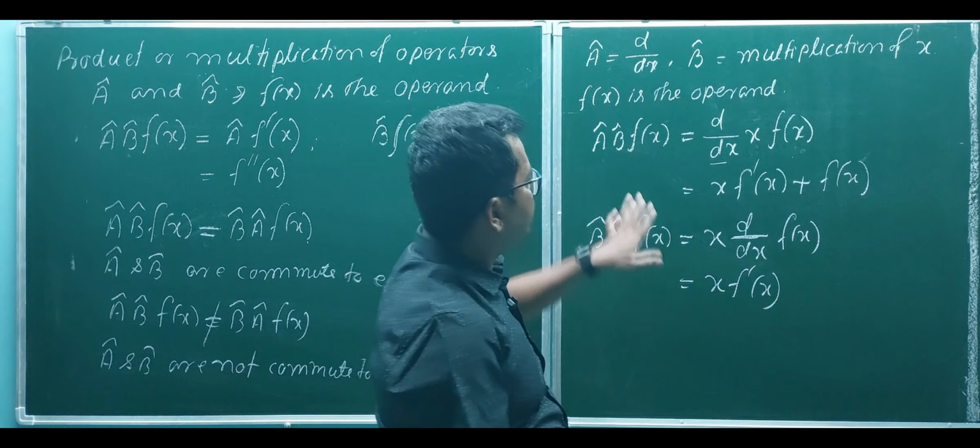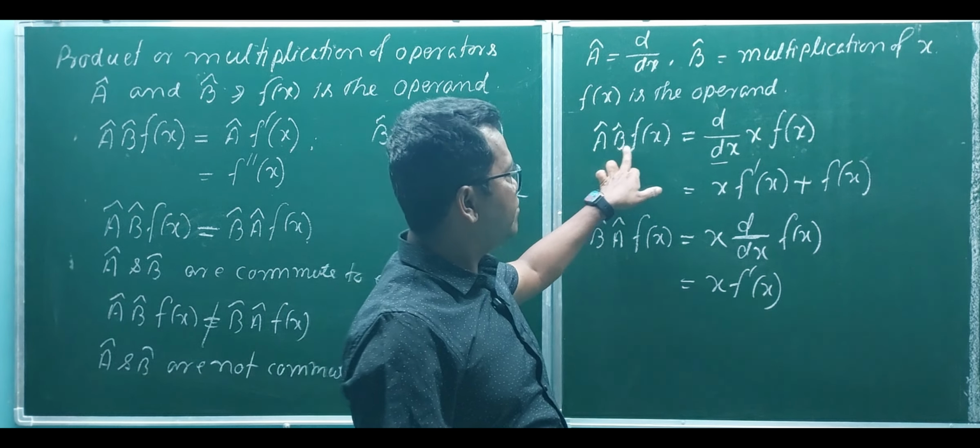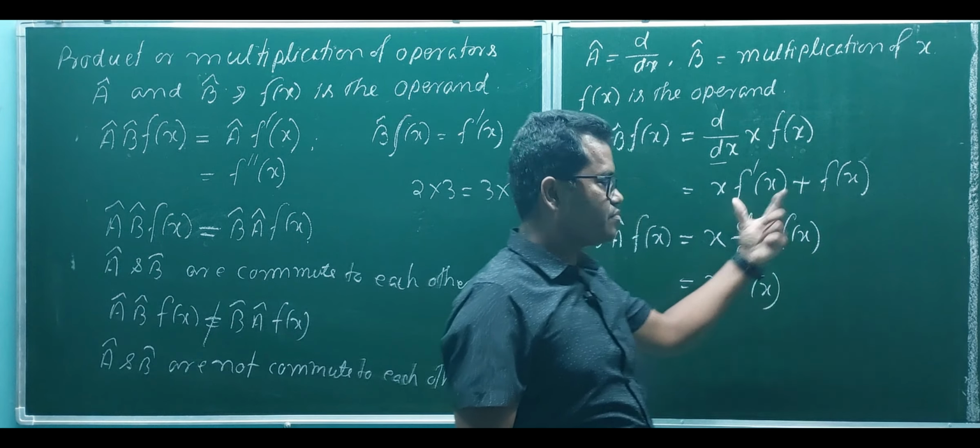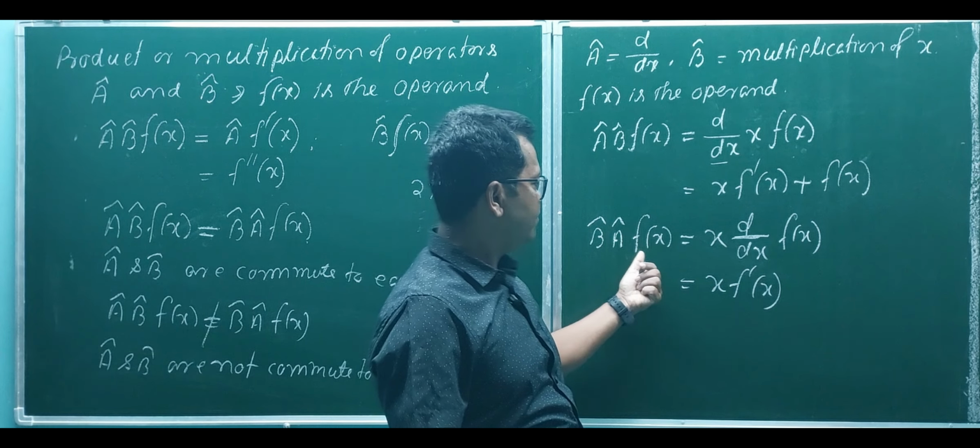Now you see A cap B cap f(x) equals this formula, but B cap A cap f(x) equals only this.